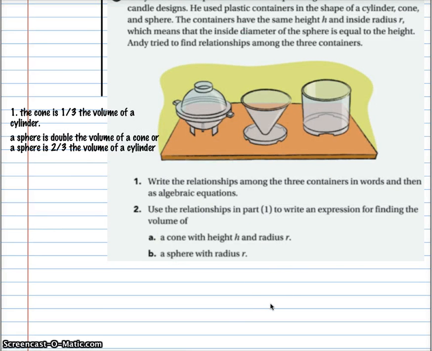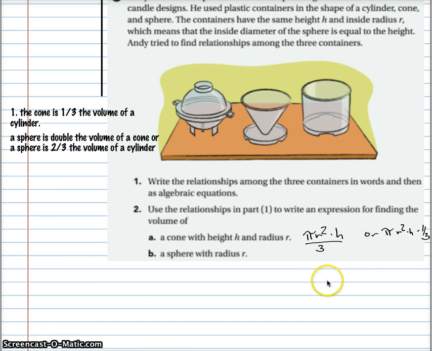So a cone is the base, pi r squared, times height divided by 3. You could also write pi r squared times h times 1/3. These two are the same.